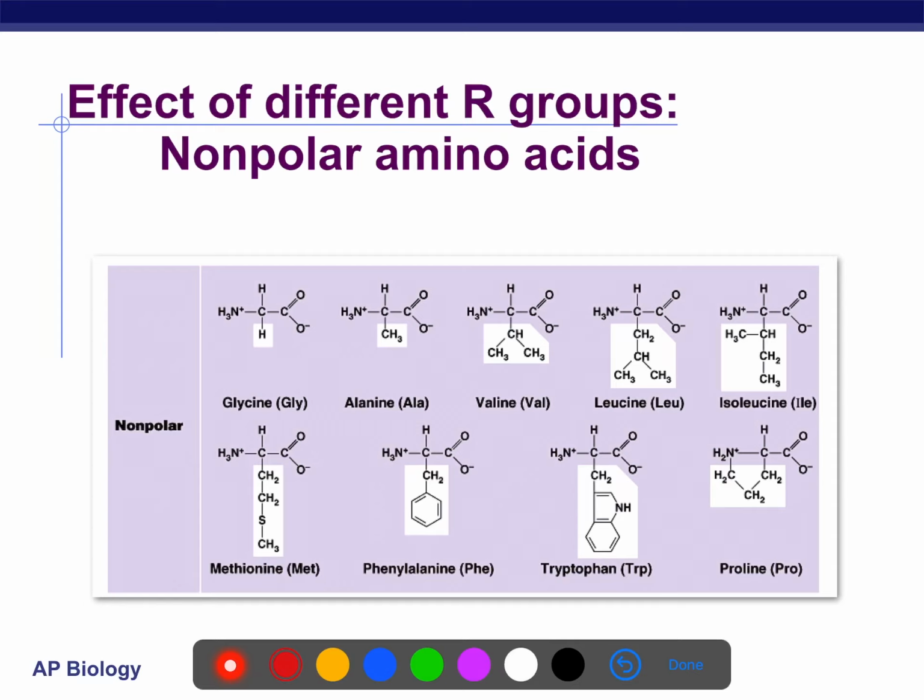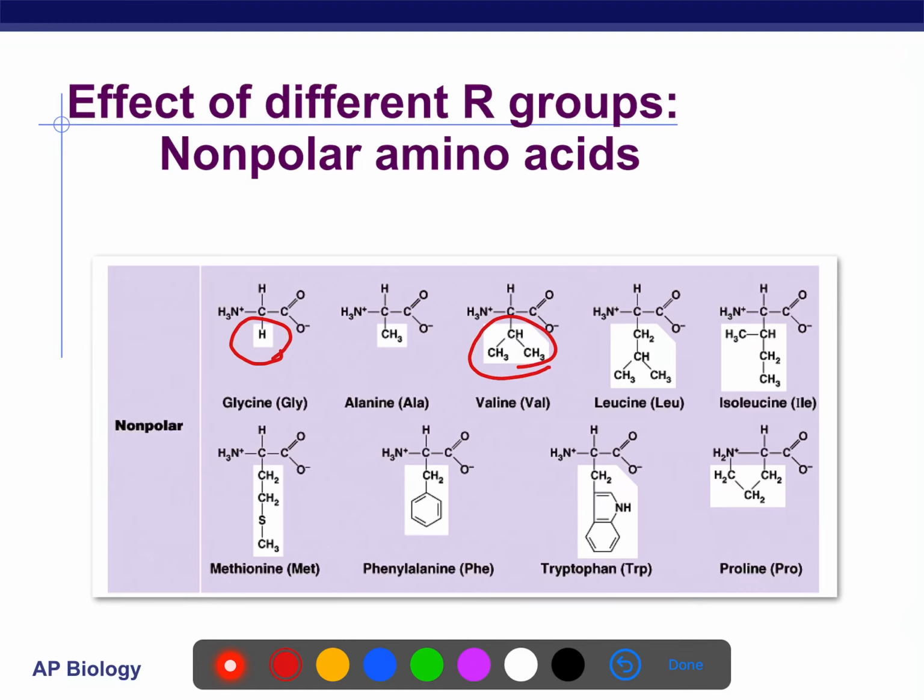And so one group of amino acids that we're going to have are nonpolar, meaning that their R group or their side chain will be nonpolar. And if we look at these side chains and we're trying to pick out why they would be nonpolar, we see what they're made up of, okay?